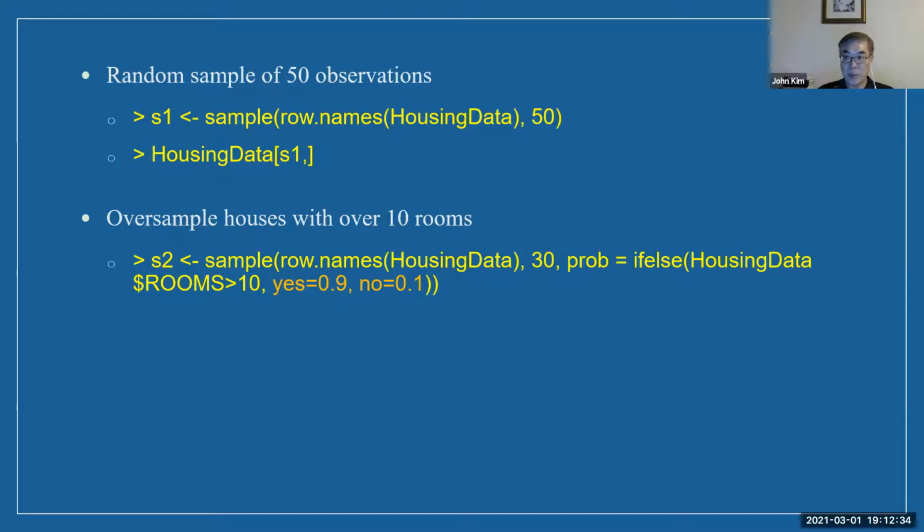So like this. So take 30, sample size is 30. The condition is room size is more than 10, but 90% more than 10, 10% less than 10. Probability is like this. So using a probability function. Okay, let's try.